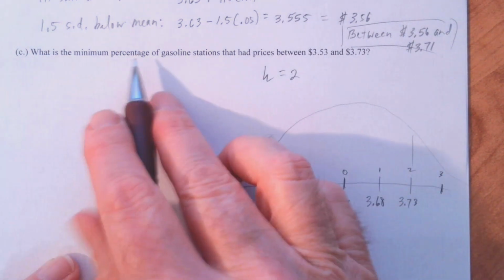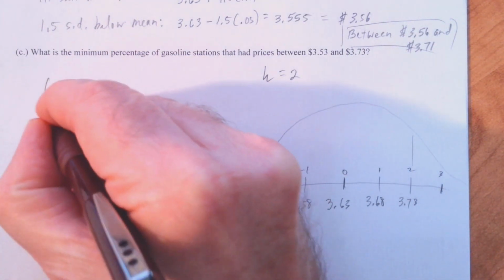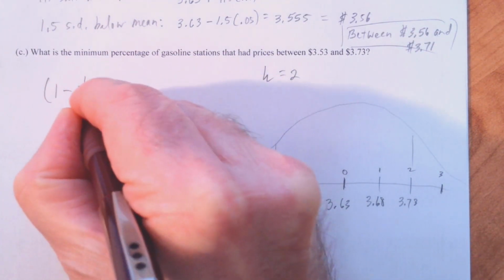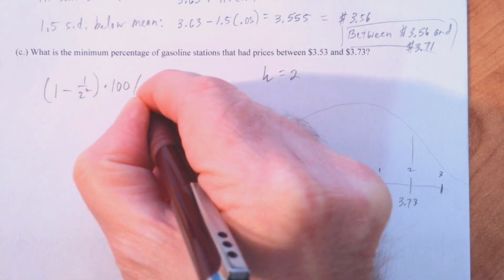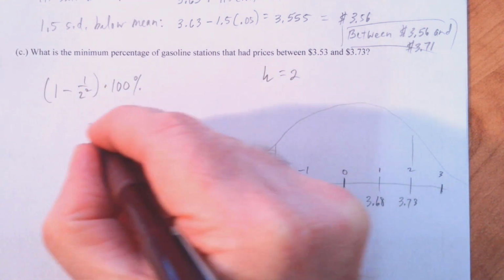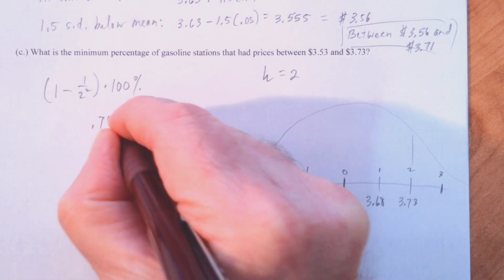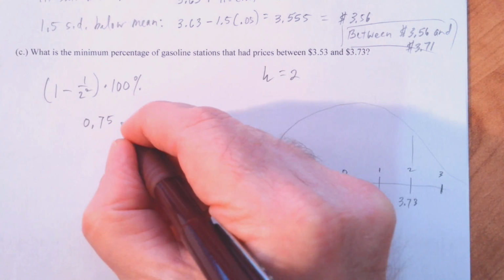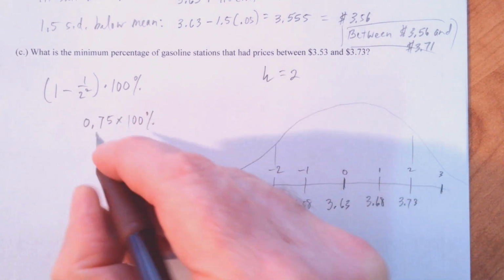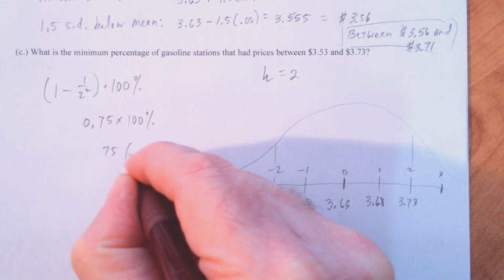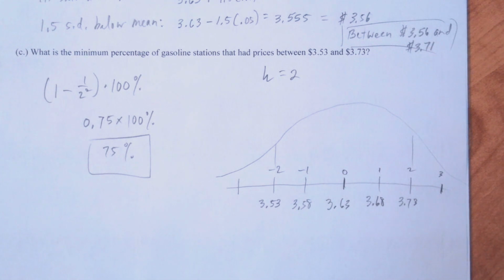And so that's what they mean by minimum percentage here. So we're going to plug in 2. It'll be 1 minus 1 over 2 squared times 100%. And you're going to get 0.75, or 0.75 times 100%, or 75%. And so that is our answer, and that's it for this video.